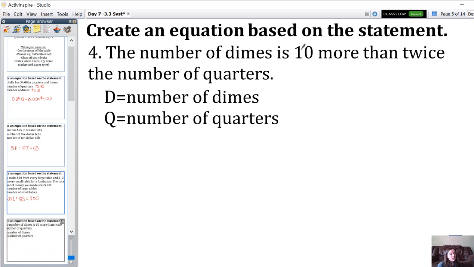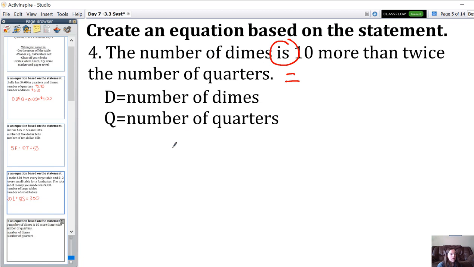The number of dimes is 10 more than twice the number of quarters. Now notice in this problem we're not talking about an amount of money, we're just talking about the number of coins that we have. So the number of dimes, D, is 10 more than twice the number of quarters, which is Q. So this word "is" is a very important word in this type of problem. That means equals.